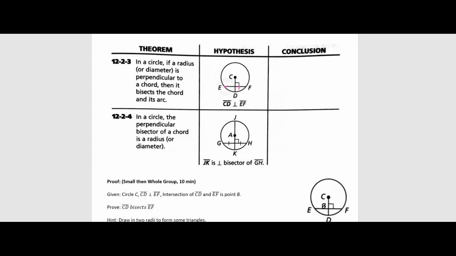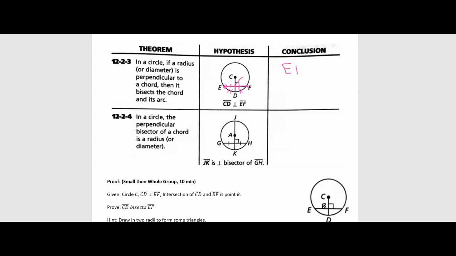Let me fix that a little bit. And it's also going to divide the arc as well. So that arc is going to be split up into congruent pieces as well. So there's 2 conclusions we could write. There's actually no intersection point here.